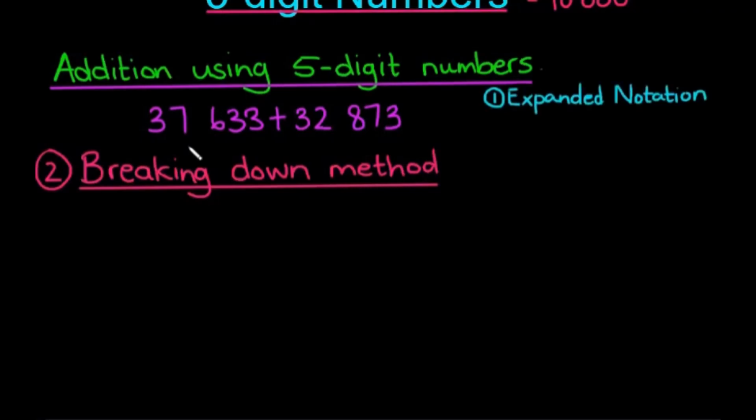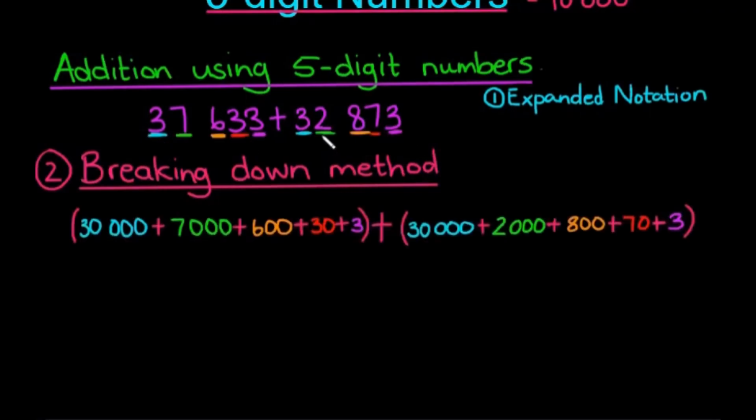We need to expand each of the numbers as follows. I've color coded the place values. So my 10,000s are in blue, my thousands are in green, my hundreds are in orange, my tens are in red, and my units are in purple.